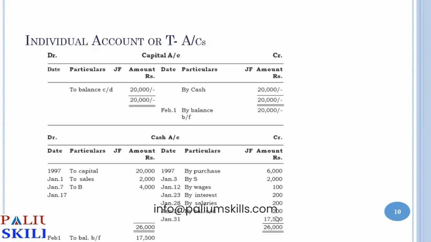Some of these numbers are not clear, but okay. So this will become the net difference figure, 17,000. So that will make it tally to 26,000. This figure will be carried forward, balance brought forward to the following month as the difference amount, because this was excess, right? You had some excess here. So that has been brought down here.